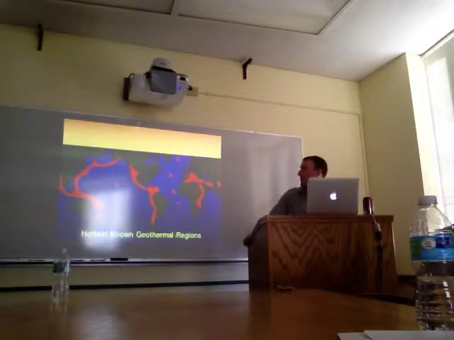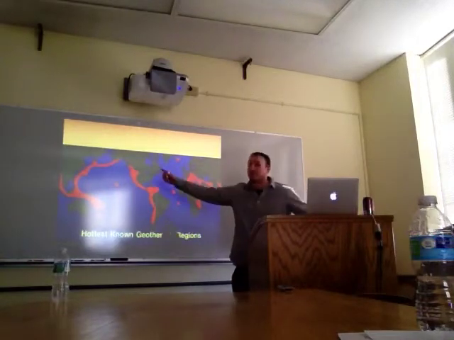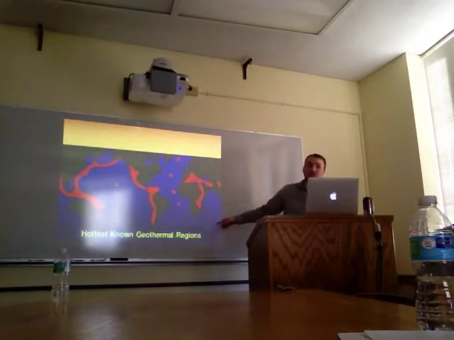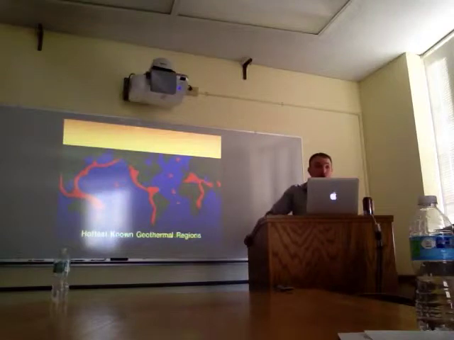So you can see the most popular areas and most popular countries where geothermal heat is used is all around basically the Ring of Fire and in Europe areas. So basically tectonically active fault lines where the heat is closer to the surface and more accessible.